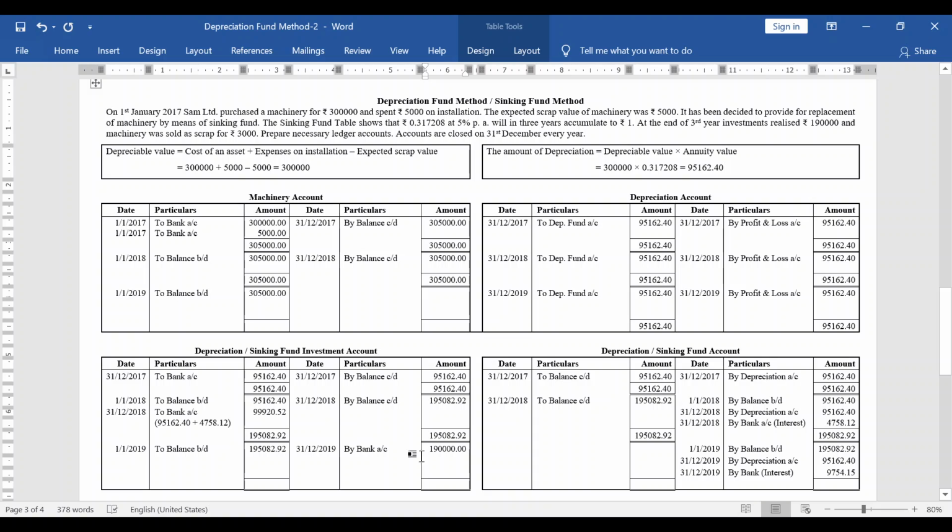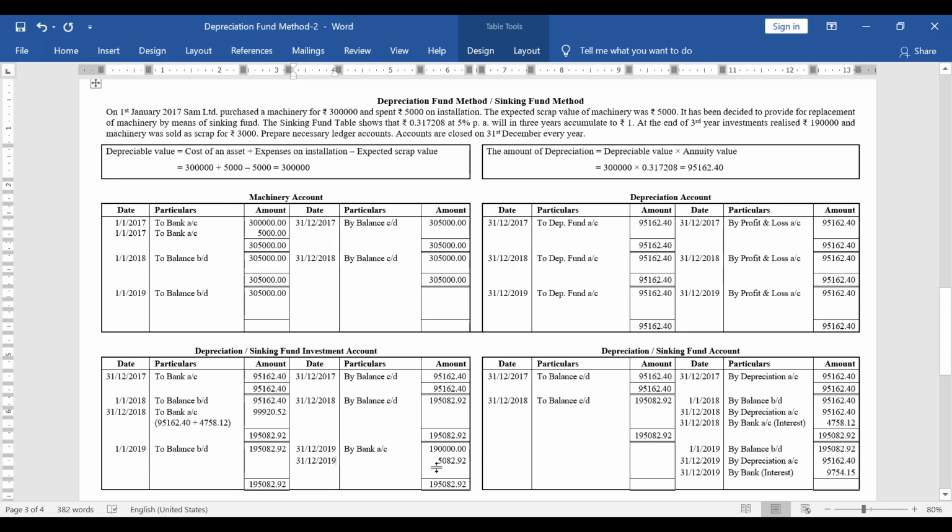Now once investments are sold, investments account is closed, and if there is any balance in the investment account, it is transferred to depreciation fund account. That is, in this case, when depreciation fund investment account is closed, it shows a balance of 5,082.92. Now this amount is transferred to depreciation fund account.